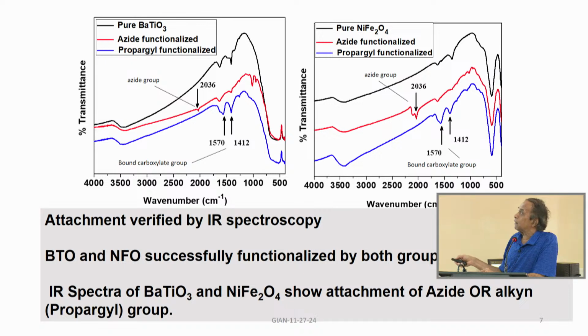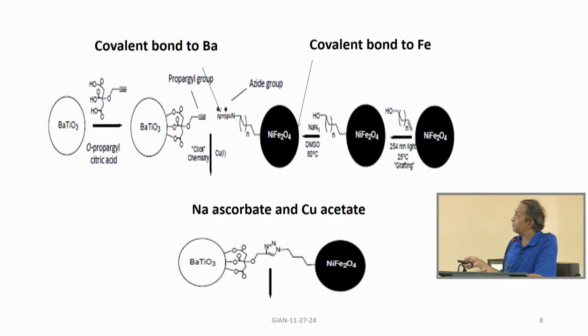And these peaks that you see here are evidence that the attachment did happen. Okay? So these groups have a specific signature in the IR spectrum, and you have to make sure that they do show up, and they did show up. So we concluded that the attachment was successful.